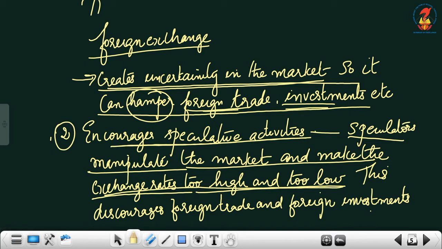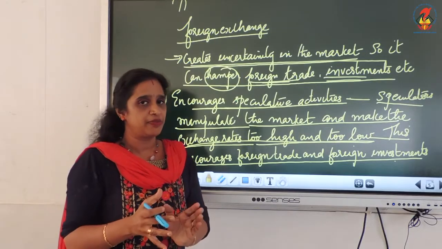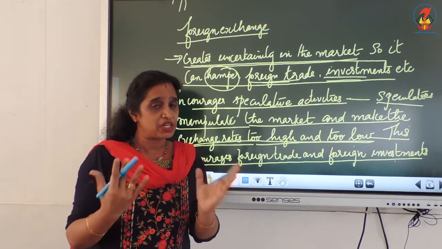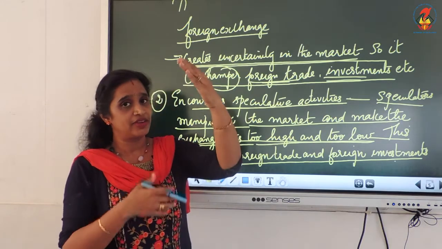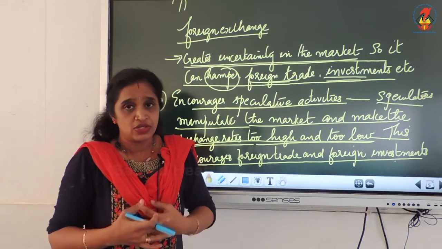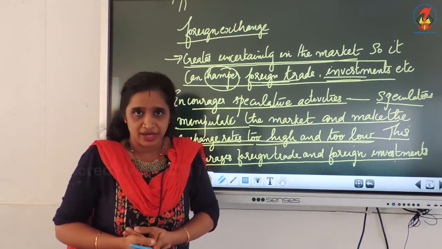If it is too high or too low, what happens? This discourages foreign trade and foreign investment. When the exchange rate is very high or very low, some kind of confusion exists in the market.